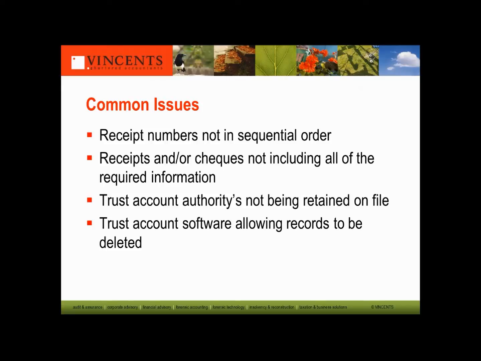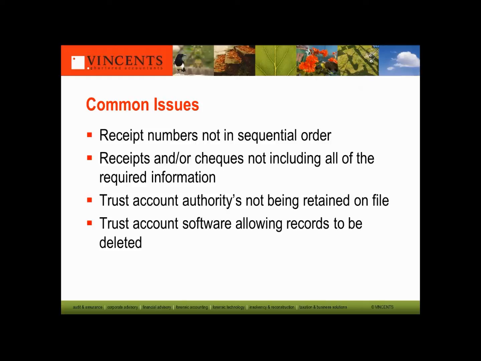Or we have seen instances where receipts have been deleted from a system, or a trust accountant has started using a specific sequence of receipts and has then decided, for whatever reason, to change the sequence: I've been using 0 to 1,000, now I'm going to start using 2,000 to 3,000.